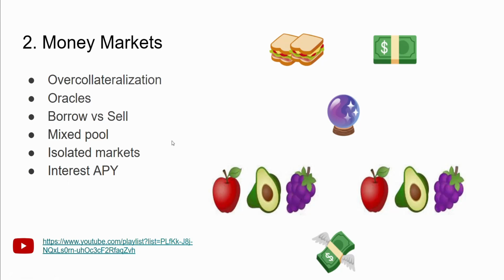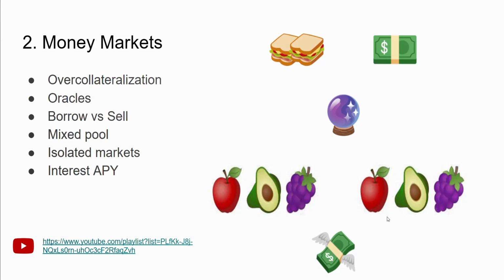Now, the last thing about money markets I will talk about is the interest APY. Most of the time, the interest APY is based on supply and demand, okay? Let's say there are a lot of apples in here. People supplied a lot of apples, and you want to borrow apples. If there's a lot of supply, then the interest on the borrowing will be very low.